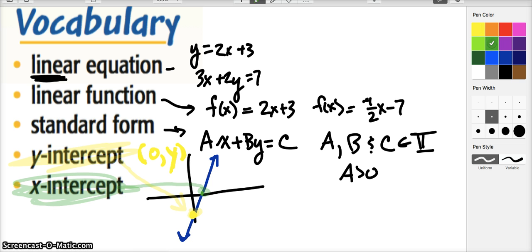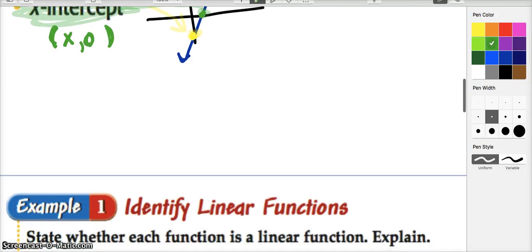Similarly, where the blue graph hits the x-axis is considered the x-intercept, and so we call that the value of x, literally it's the point x, 0, the value of x when y is 0. So these are a couple of different ways of referring to the x-intercept. We can talk about it as the location, or we can talk about it as the point where y is equal to 0 and x is equal to the x-intercept. And the y-intercept is the point where x is equal to 0 and y is the intercept. All right, I hope that was clear.